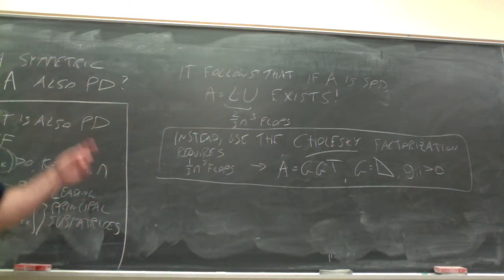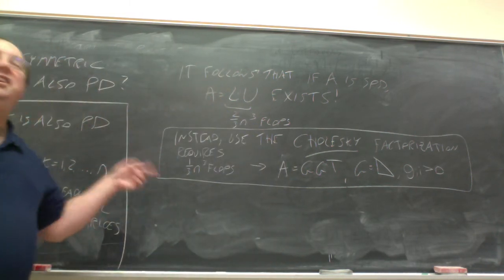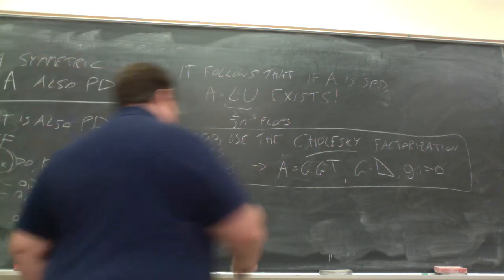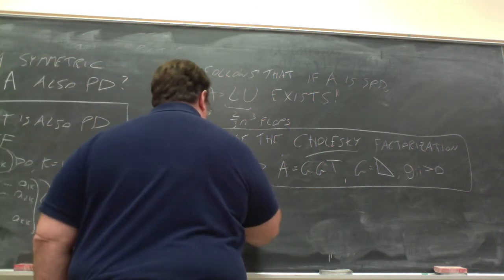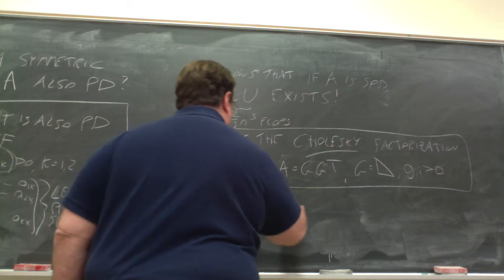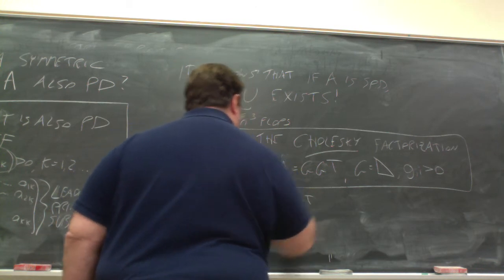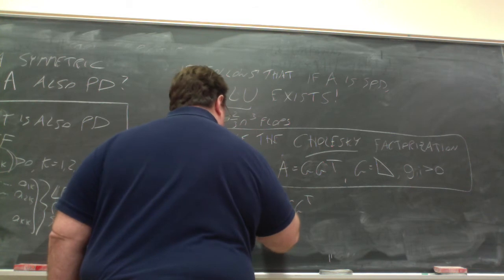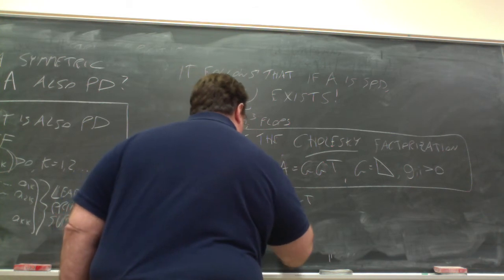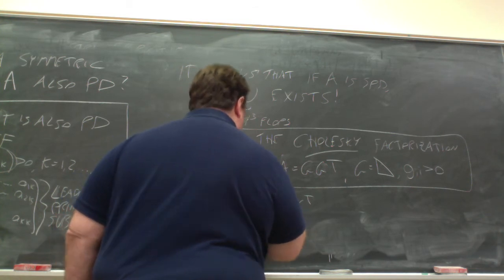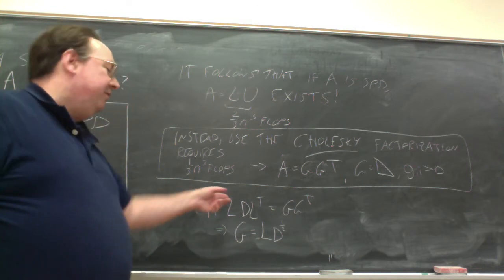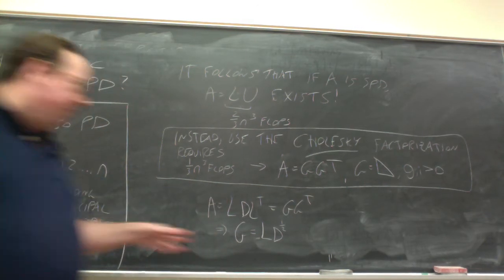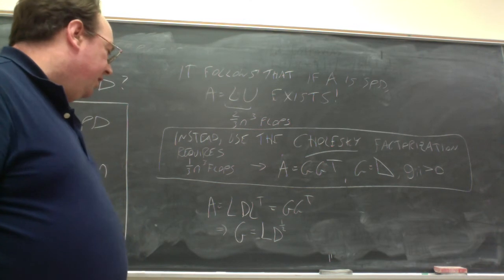So this is the same complexity as LDLT. And in fact, LDLT and Cholesky are closely related. So if A is equal to LDL transpose, and it's also equal to GG transpose, we can actually say that G is equal to L D to the 1/2. Because for a symmetric positive definite matrix, the diagonal entries of D must be positive, so we can take the positive square root.